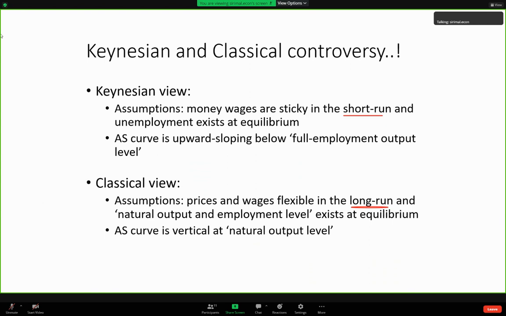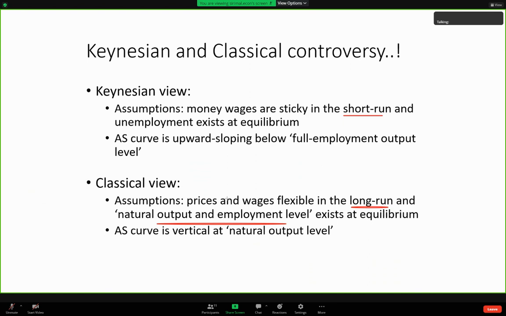There is equilibrium in the economy, and at that equilibrium, natural output and employment is at equilibrium level. Which means actually full employment and maximum output level, these two things exist at equilibrium.